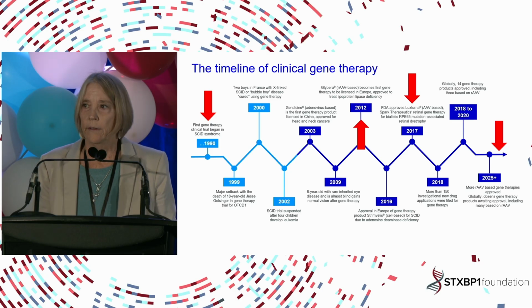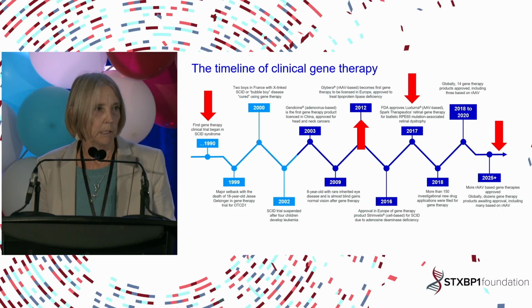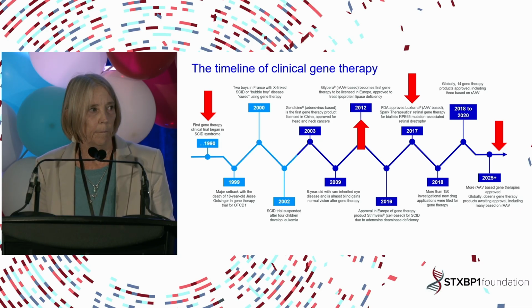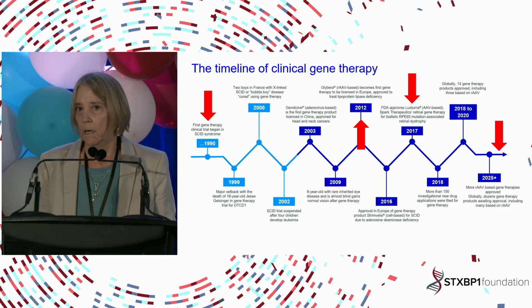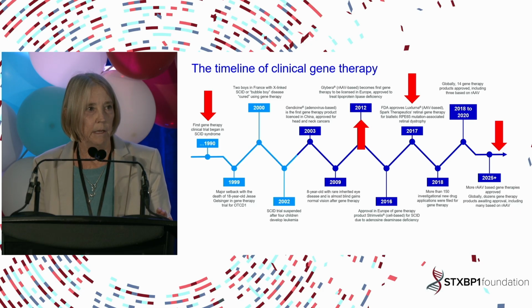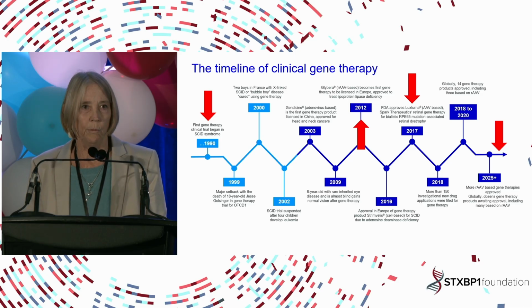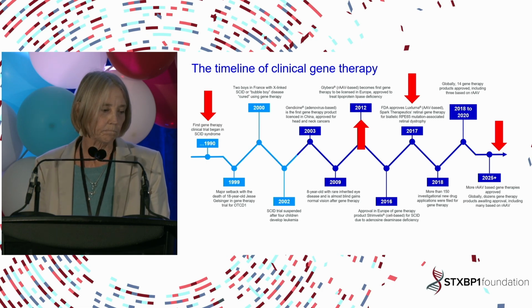In 2017, here in Philadelphia, a company called Spark was developing the very first gene therapy in the US that was FDA approved, and this was for an inherited form of blindness. And for those of you that want to YouTube those videos, it is really quite remarkable how the children went from not seeing to seeing.